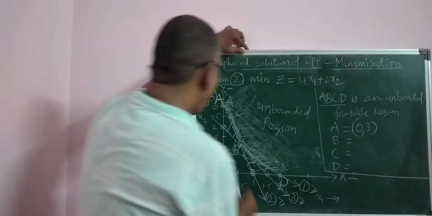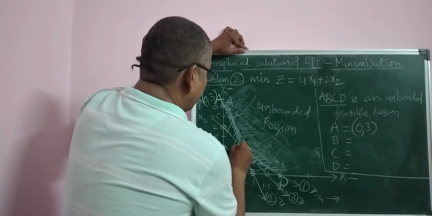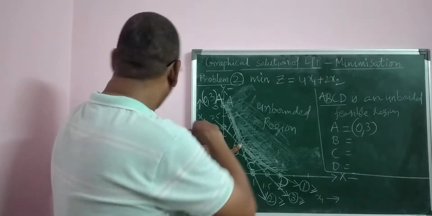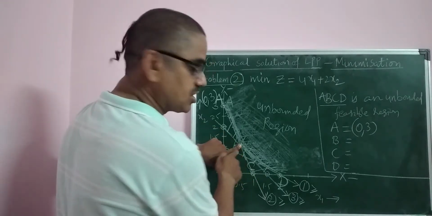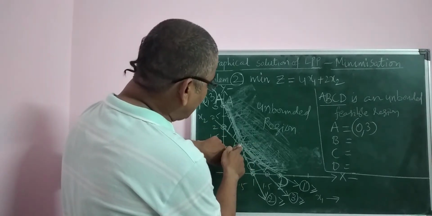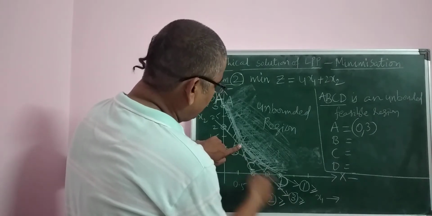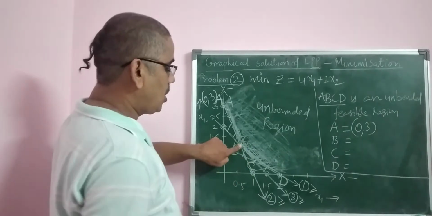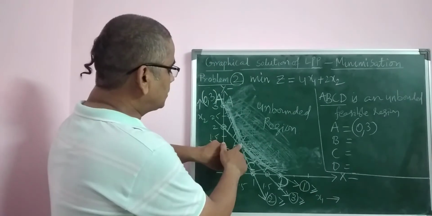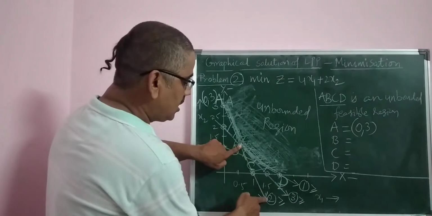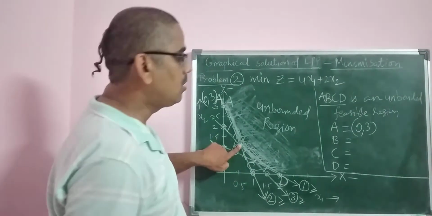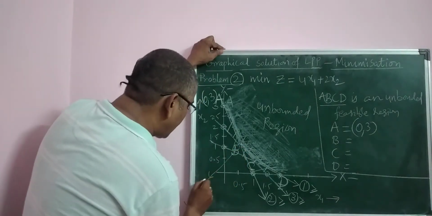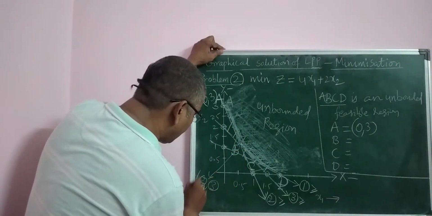And for B, you have to calculate this particular point because it is an intersection point. It passes through two particular straight lines, equation 2 and equation 3.